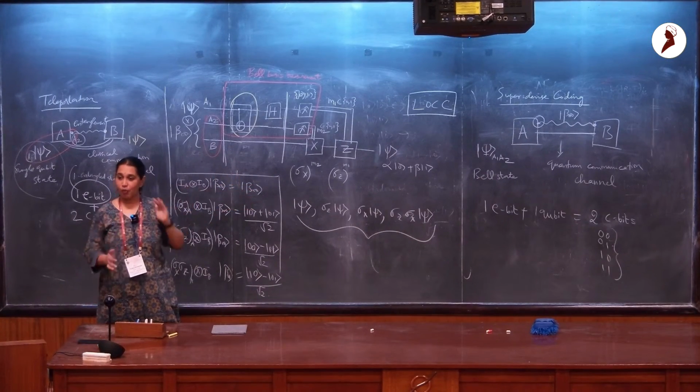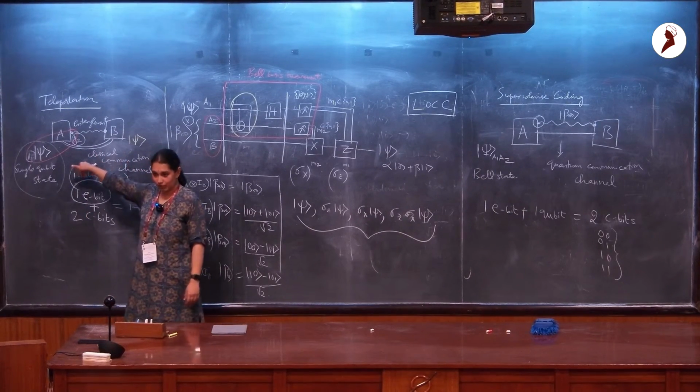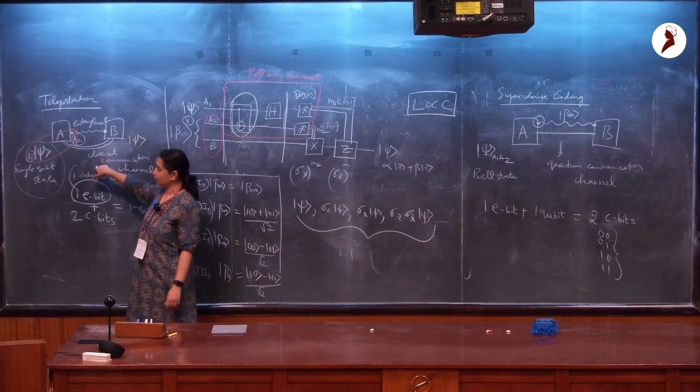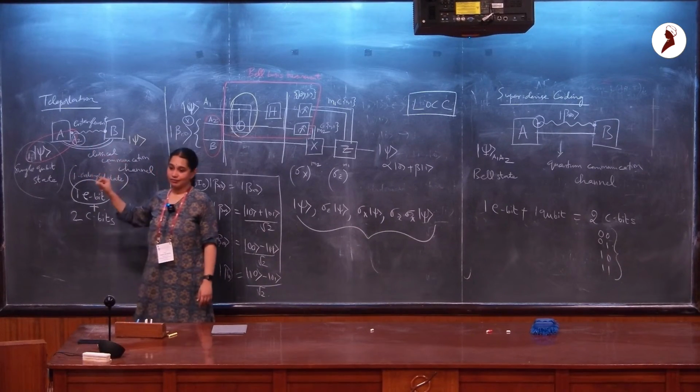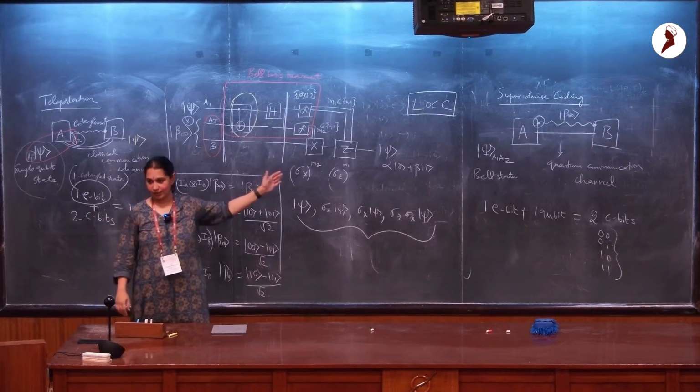So it's a question of what you assume you have access to. If you have access to only a classical communication channel, which is how I posed this problem, then you cannot, without entanglement, communicate this perfectly the way you do in the teleportation protocol.